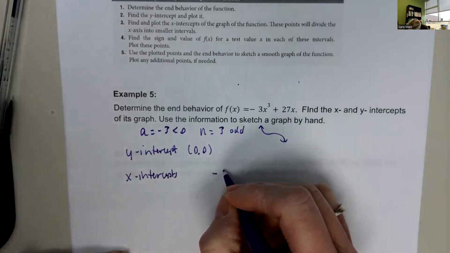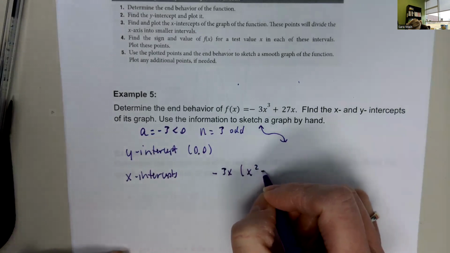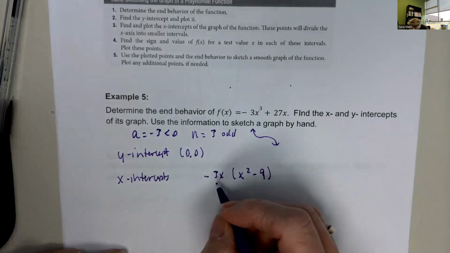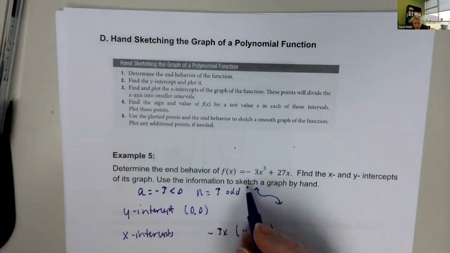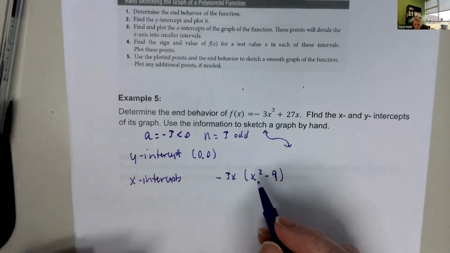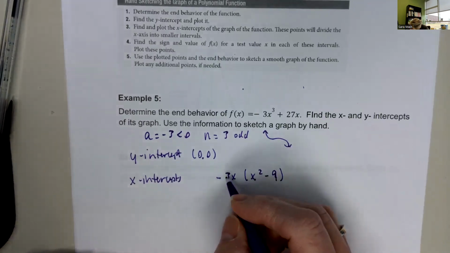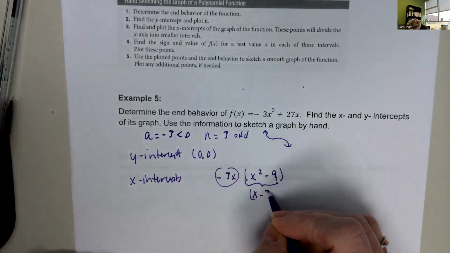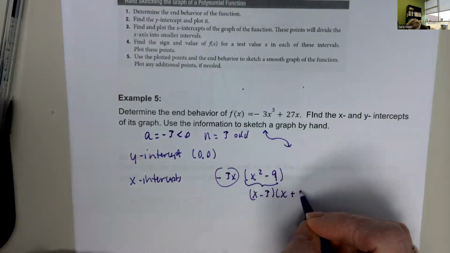I'm going to factor out a negative 3x, so I have x squared minus 9 left. If it's negative on the a, I like to factor out a negative because then what's left over, this x squared, will be positive. So I've got this term, and this factors into x minus 3, x plus 3.